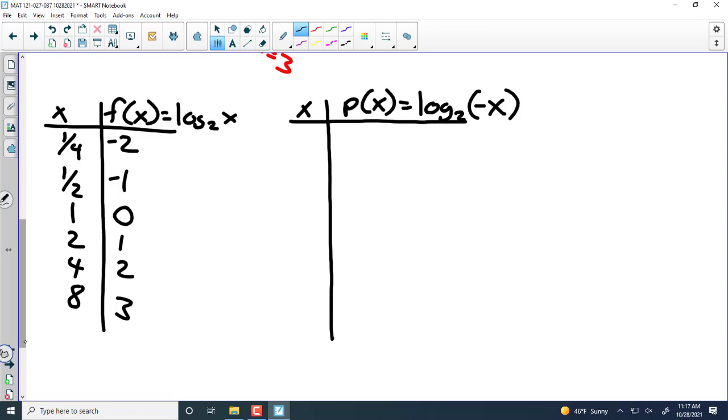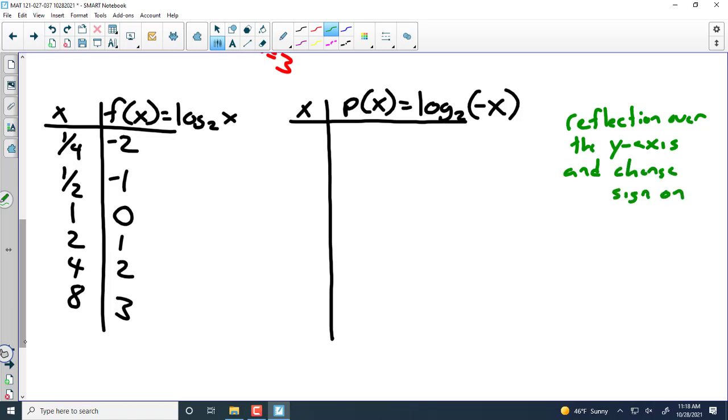But that's not true, because if I plug a negative number in here, this negative will make it positive before I take the logarithm. Does everyone agree with that? What this is, everyone, is it's on the inside. So this is a reflection over the y-axis, and we change sign on all x values.